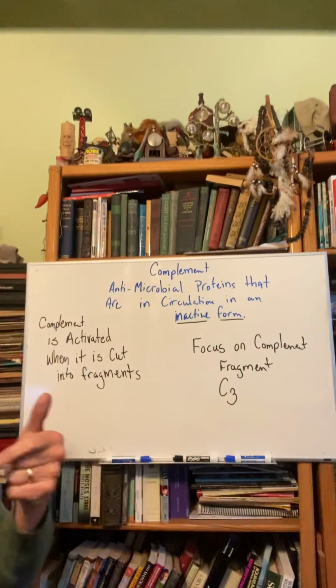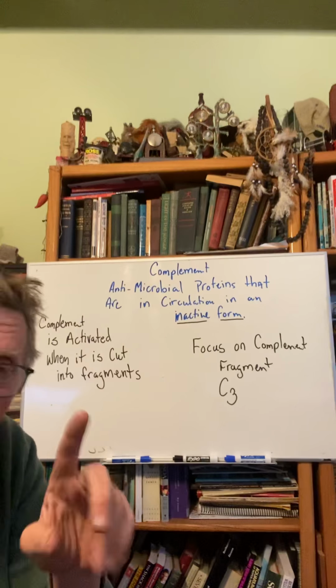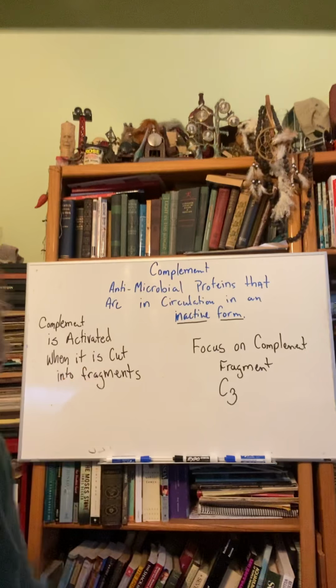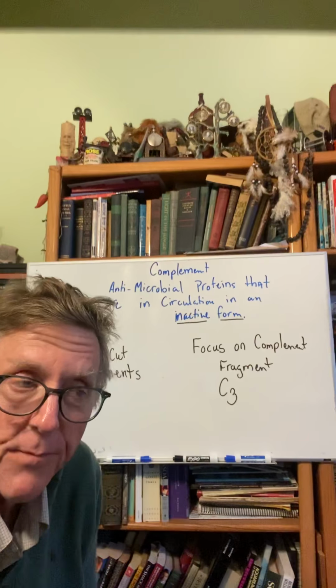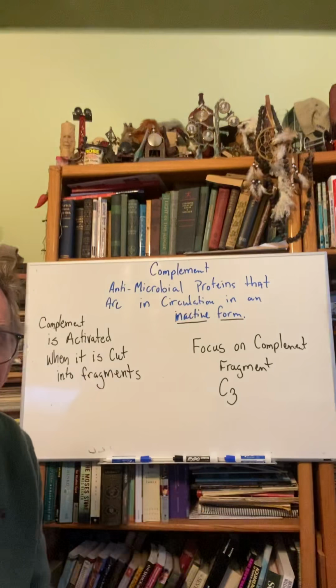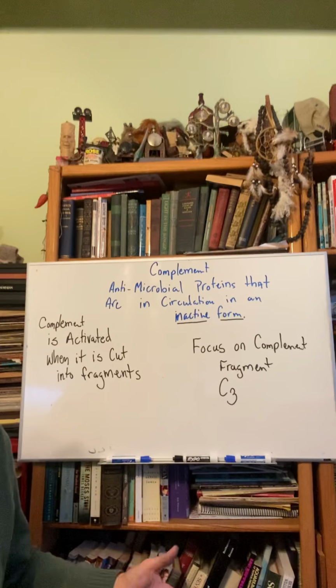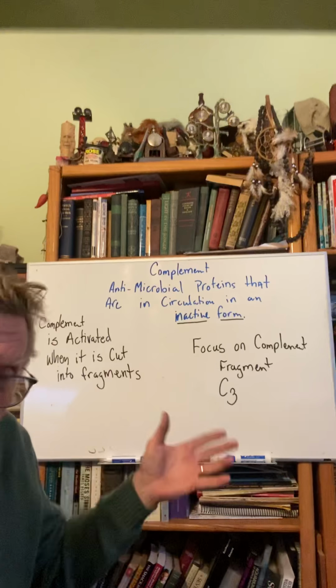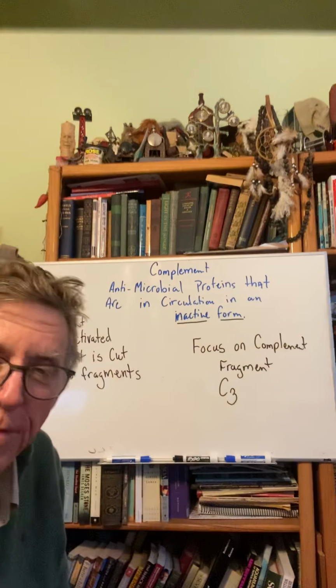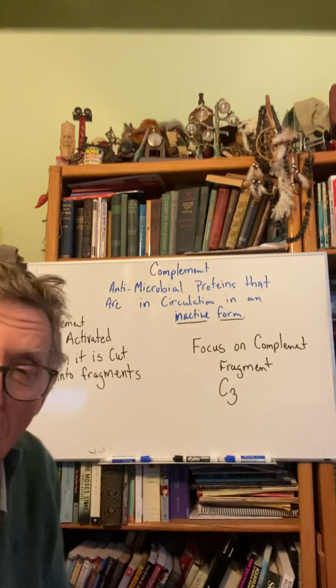And it's going to become activated and become antimicrobial when it is cut into pieces. So when we talk about complement, we're going to talk about how complement is this big protein, and it gets cut into these pieces, and the piece we're going to focus on is the one that's called C3.